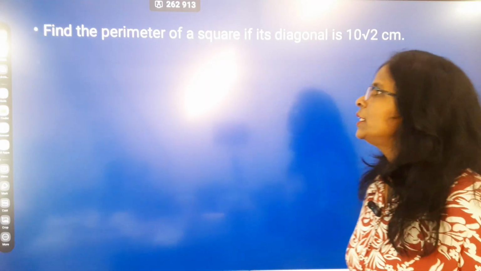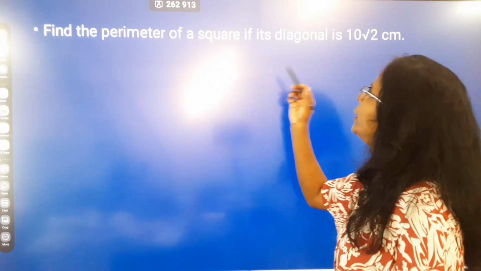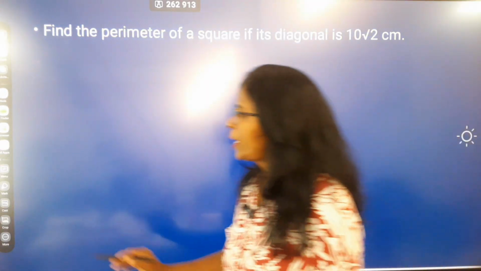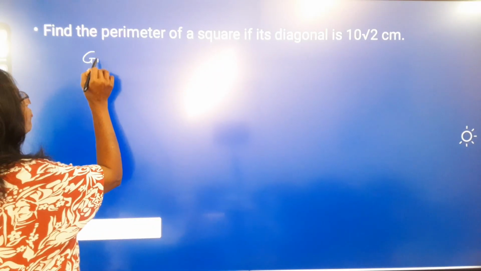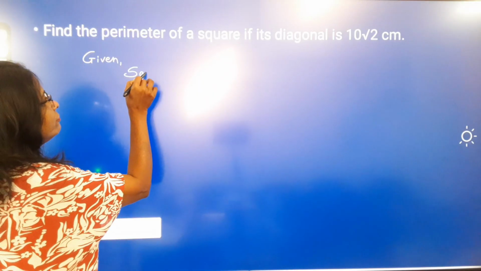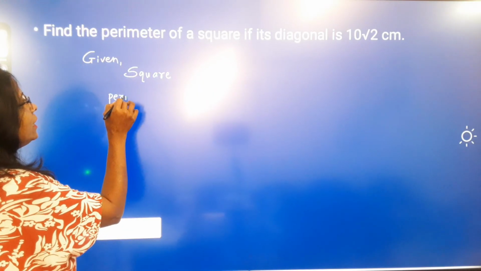Now here, next example: find the perimeter of a square if its diagonal is 10√2 centimeter. Now here students, first we write the given, and here we write perimeter of a square. The figure is a square and I write here perimeter.